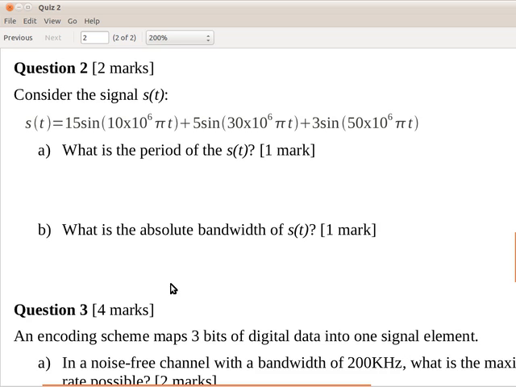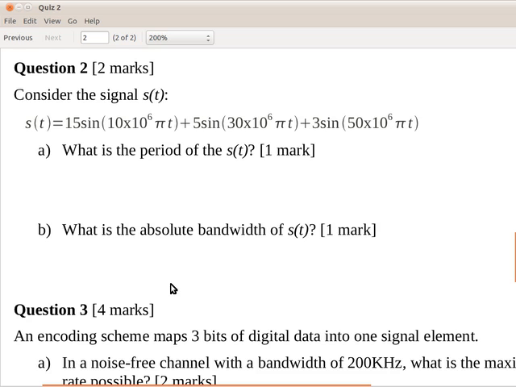So we immediately know the frequency of the resulting signal with all 3 components is that fundamental frequency of 5 megahertz. The frequency of s of t is 5 megahertz because the 3 components are all integer multiples of 5.